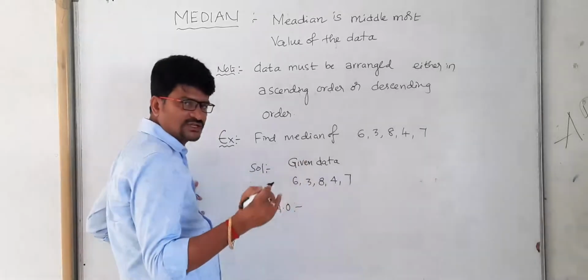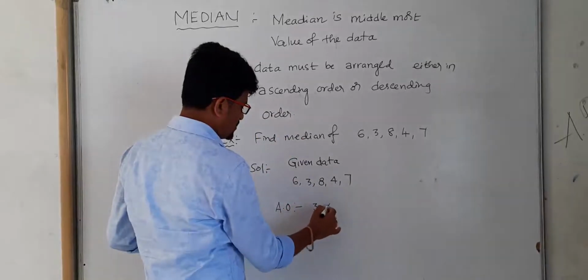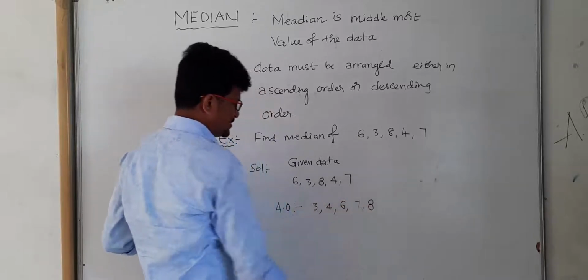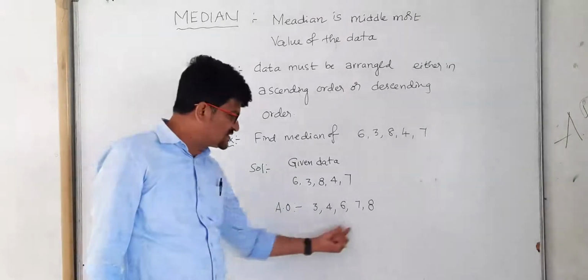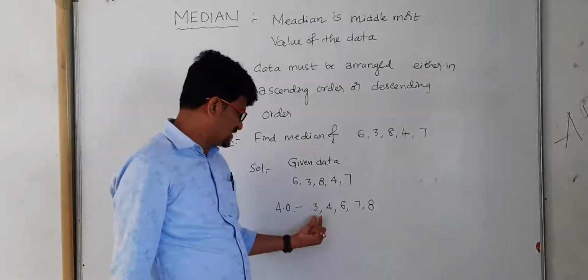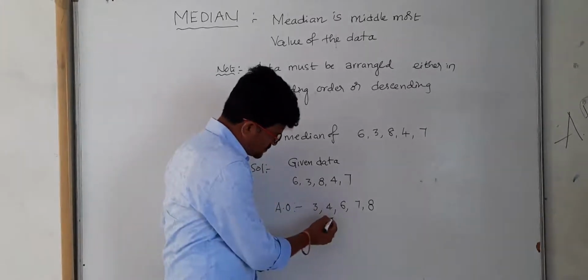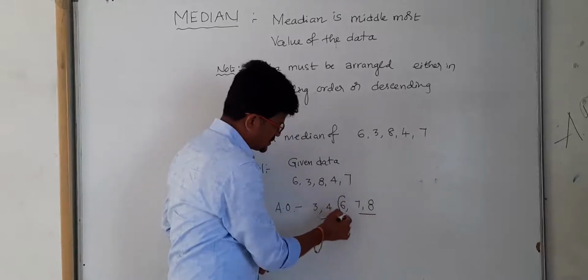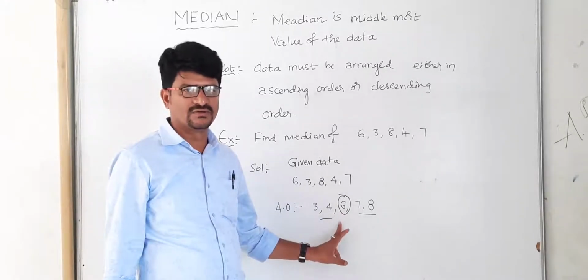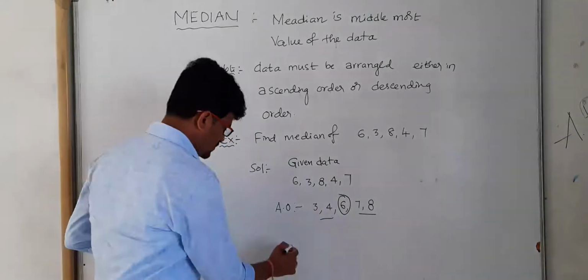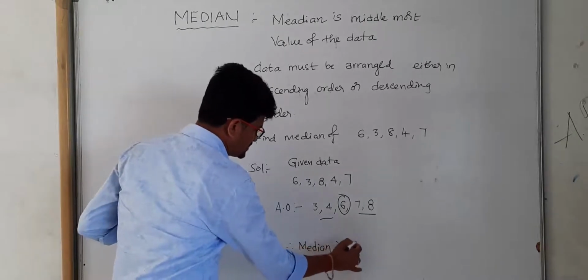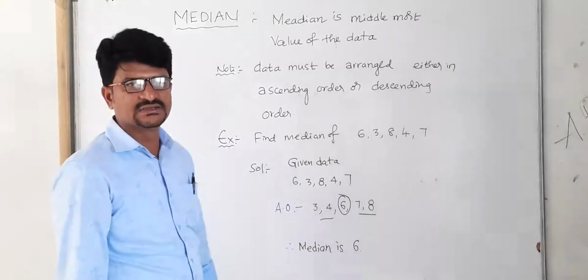Ascending order means smallest to highest. So 3, 4, 6, 7, 8. Now what is the middlemost value of these observations? Here we have 5 observations. So see, these two and these two, and this is the middlemost value. Clear, children? Therefore, median is 6.